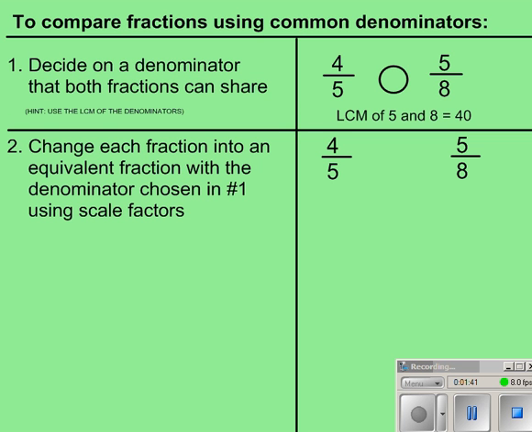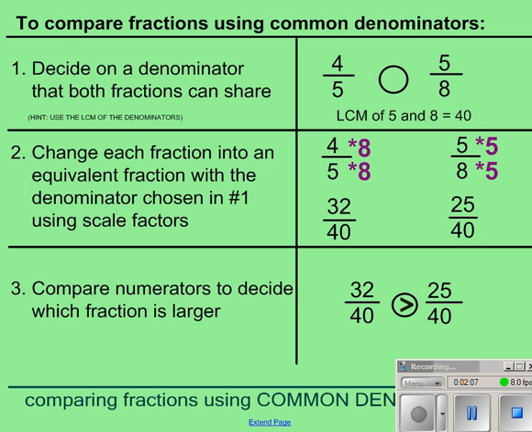And you want to then move each fraction into an equivalent fraction with the denominator chosen in number 1 using scale factors. So in this case, we used least common multiple, and we found out a common denominator is 40. And if you look at it, that also would be the quick common denominator, because you just multiplied the denominators by each other.